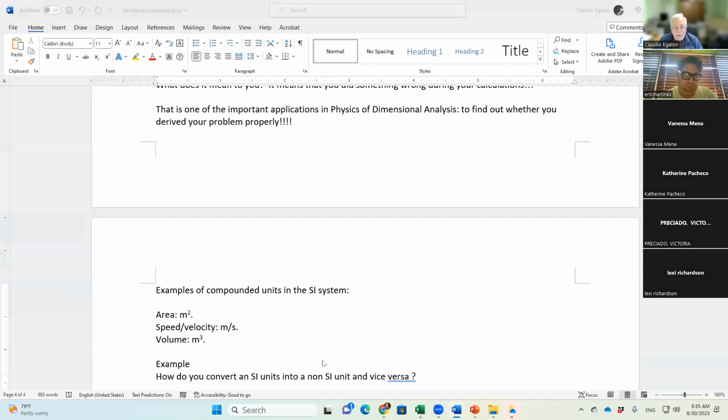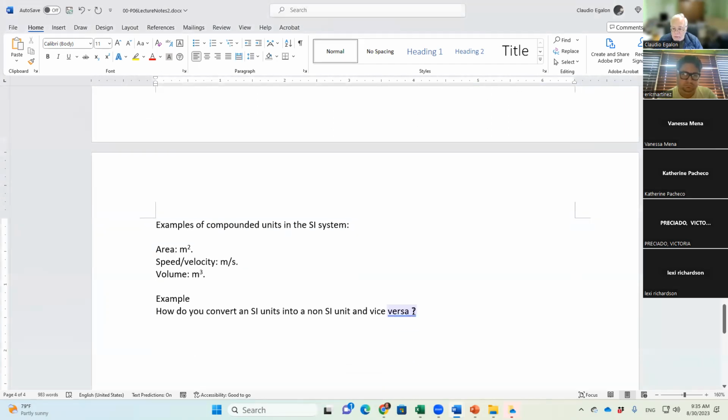Think about that. I'm gonna give a specific example. This is just a generic way of posing the problem. For instance, how do you express 1 cubic meter in terms of cubic centimeter?